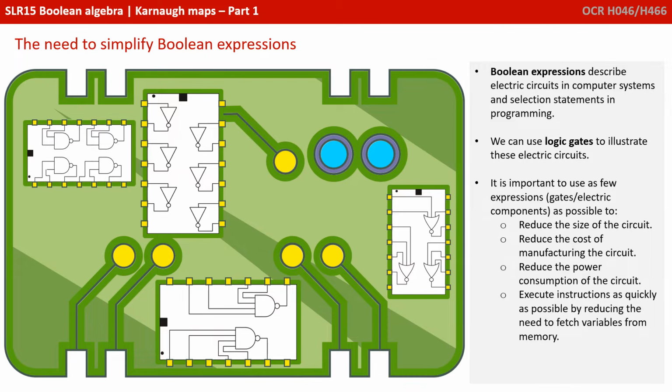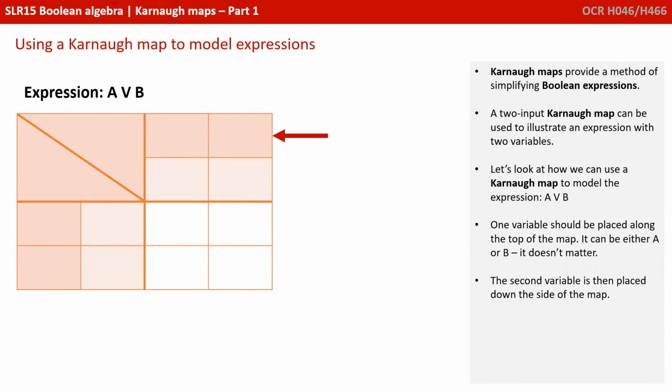It's important therefore to use as few expressions, therefore gates or electric components, as possible, because this will reduce the size of the circuit, reduce the cost of manufacturing the circuit, reduce the power consumption of the circuit, and therefore execute instructions as quickly as possible by reducing the need to fetch variables from memory. Karnaugh maps provide a method to help you simplify Boolean expressions so you can get to a simple circuit.